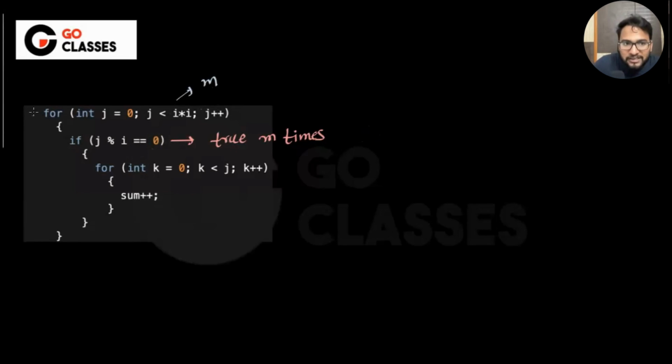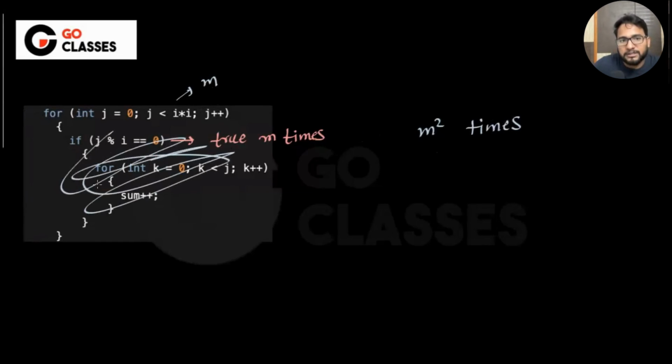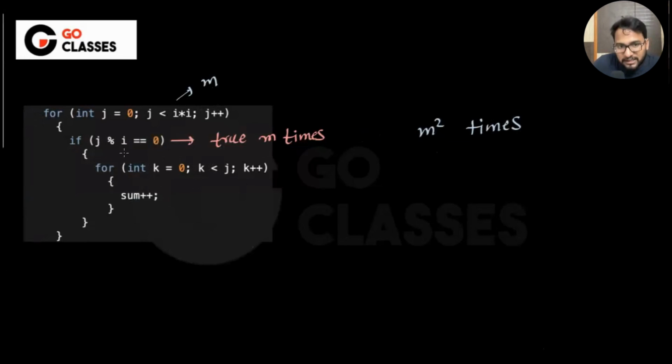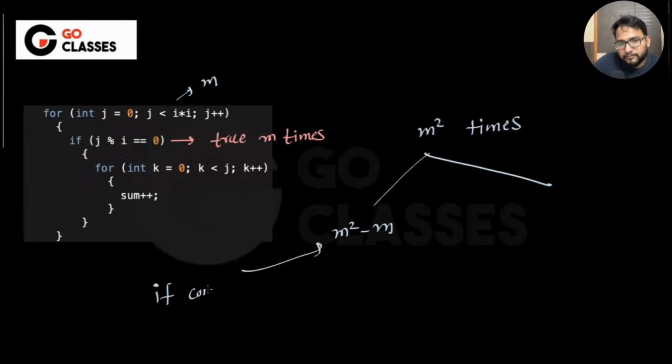So in total, this loop is going to run how many times? m square times. Suppose this is just constant, then what is the answer? m square. But since this is not constant, within this m square, I'm saying m square minus m times this if condition is false, and m times the if condition is true.